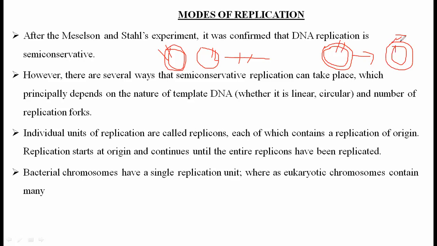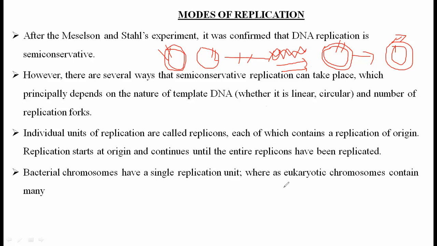In human beings, when they unwind the template, you have linear DNA, right? Depending upon the template, you have different numbers of replication forks.